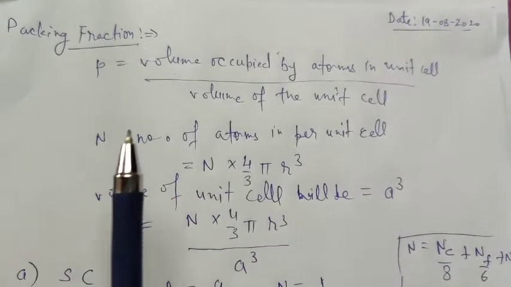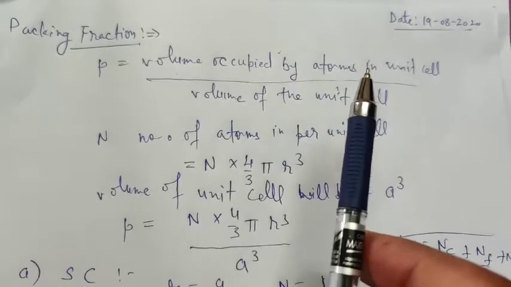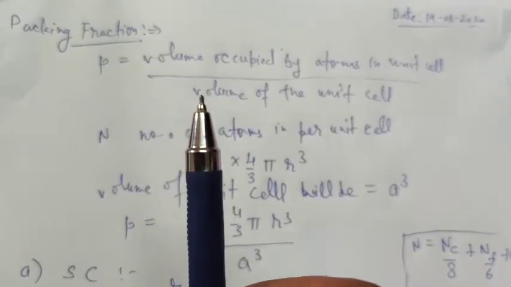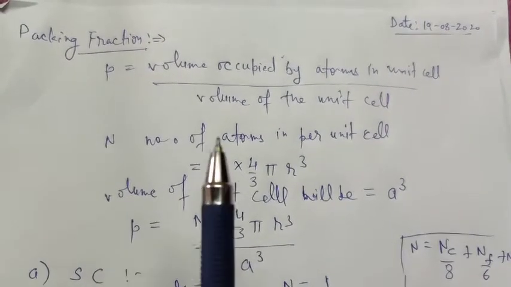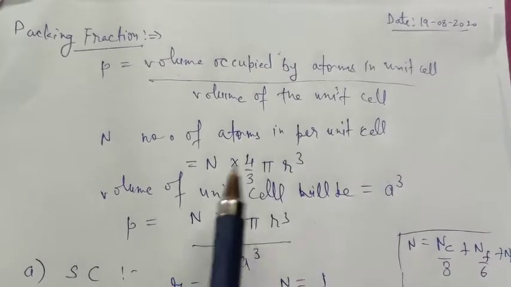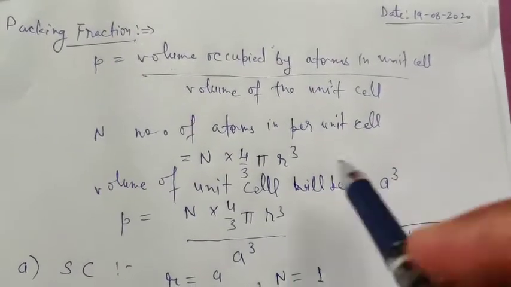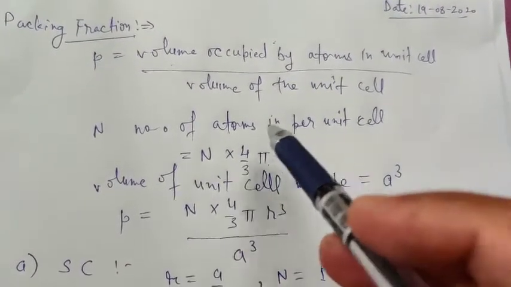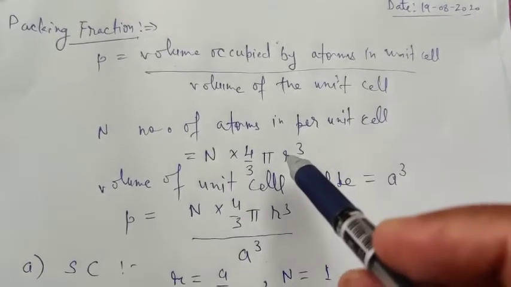unit cell. Now, we have calculated the effective number of atoms per unit cell, which is multiplied by the volume of the atom. We have considered the atoms as hard spheres, and the volume of a sphere is 4/3 π r cubed, where r is the radius of that hard sphere.